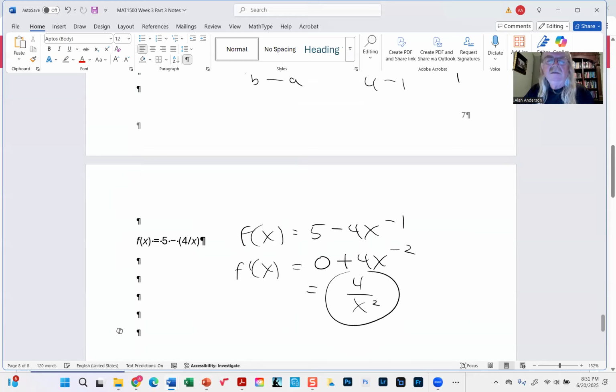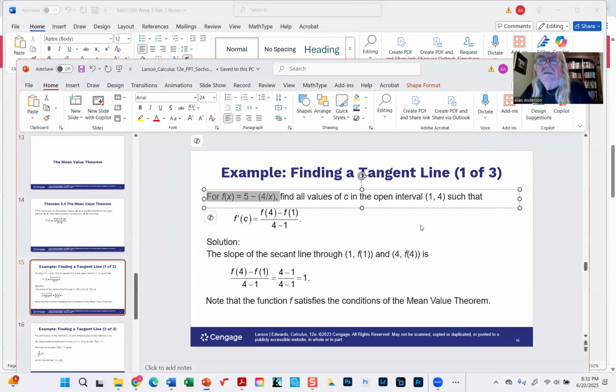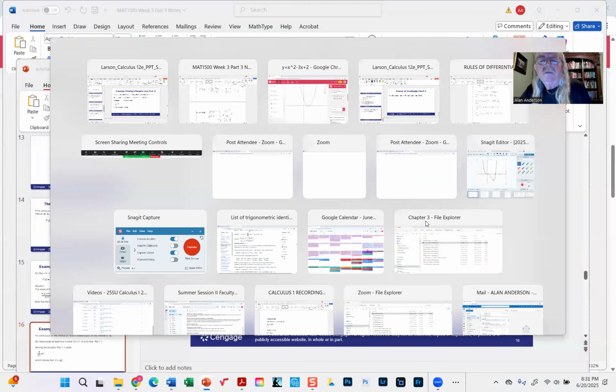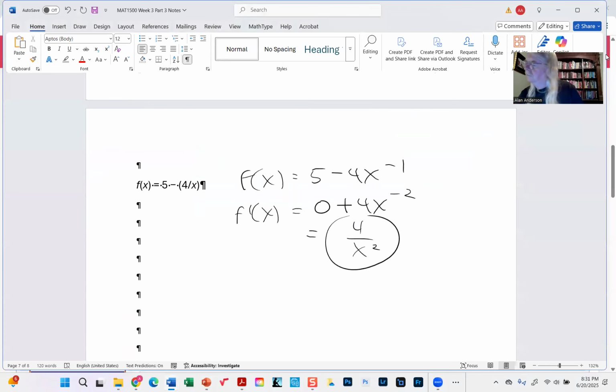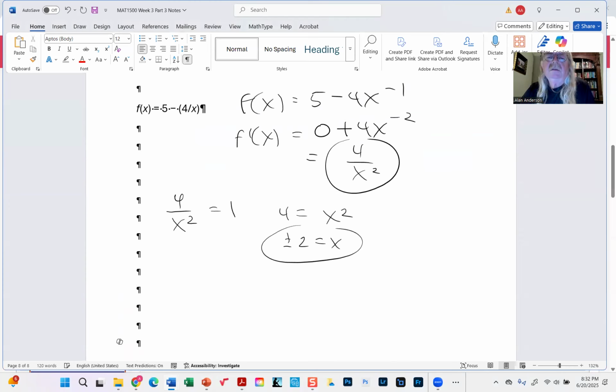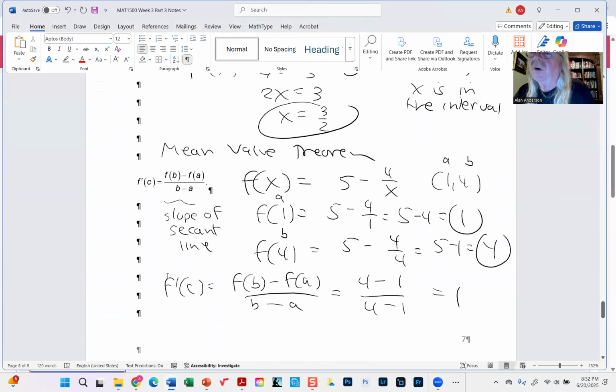And then we set that equal to 1. Okay, so, oh, by the way, the interval of interest here was from 1 to 4.